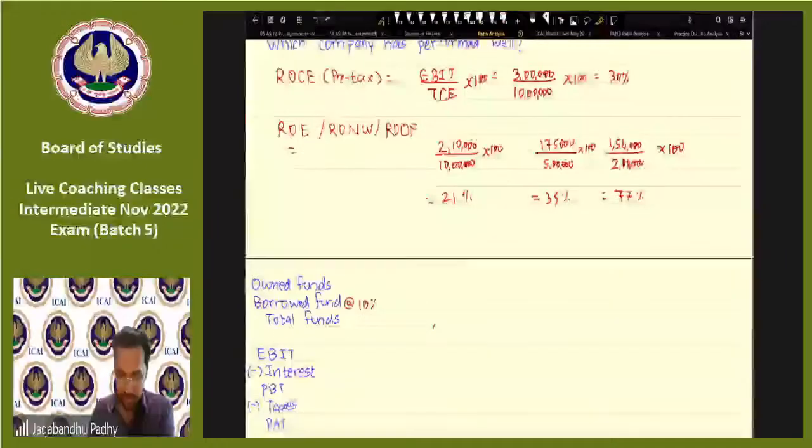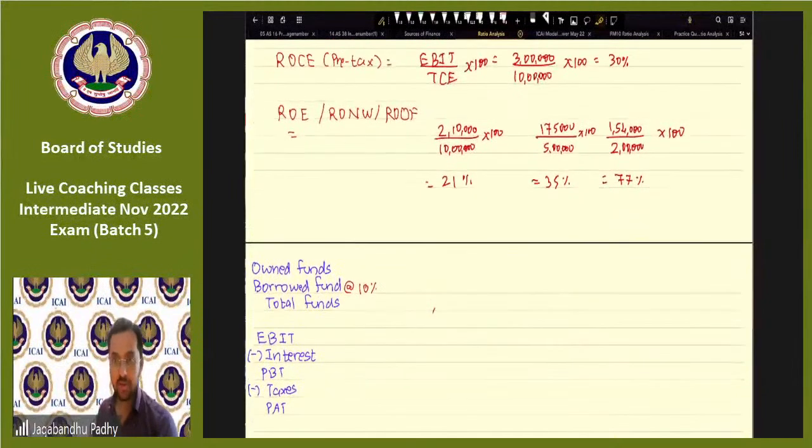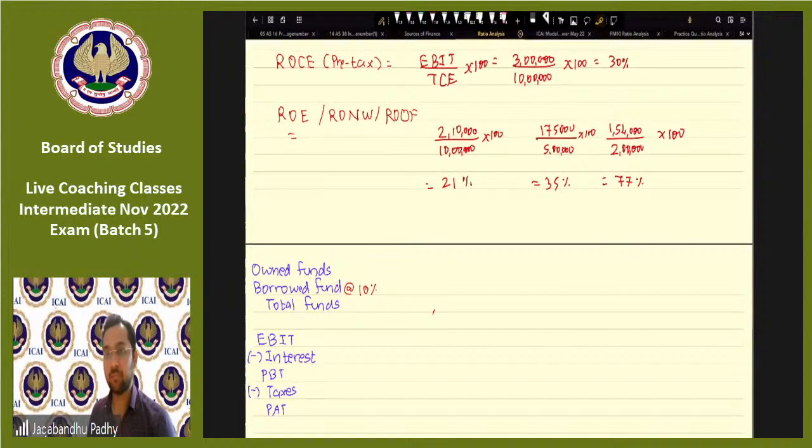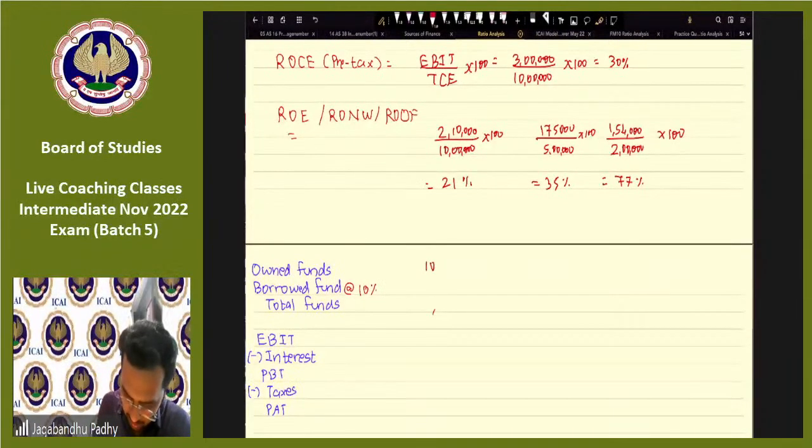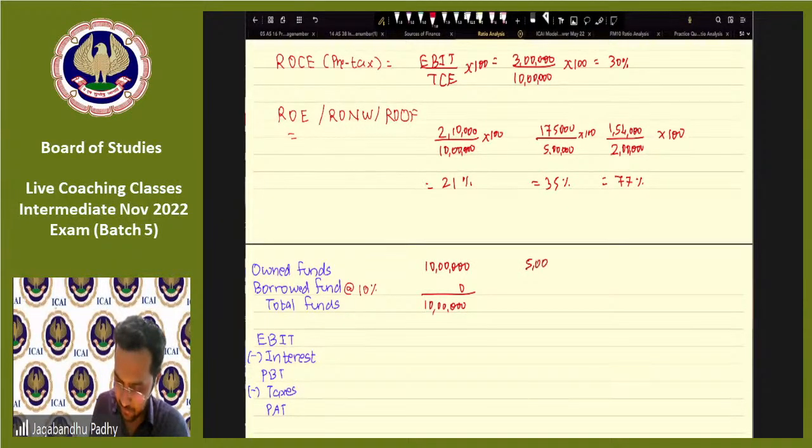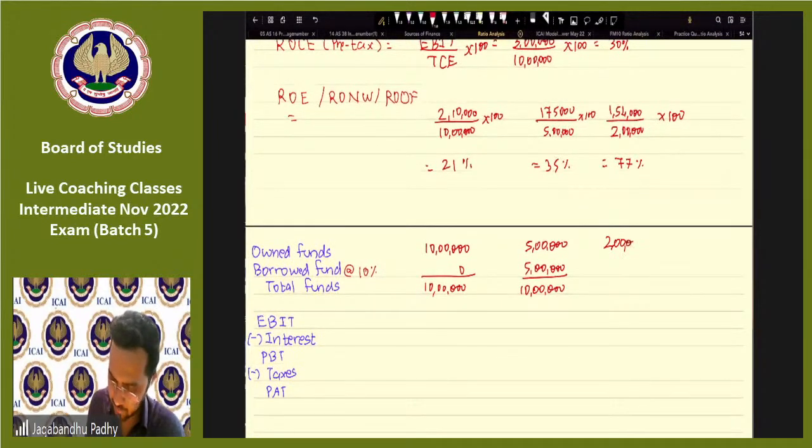Okay, let's do one thing, guys. Let's look at the same scenario, that is the same debt-equity capital. In the first case, owned funds is 10 lakh, borrowed funds is 0, total funds is 10 lakh. In the second case, owned funds is 5 lakh, borrowed funds is 5 lakh, total 10 lakh. In the third company, owned funds is 2 lakh and borrowed funds is 8 lakh, total funds is 10 lakh.